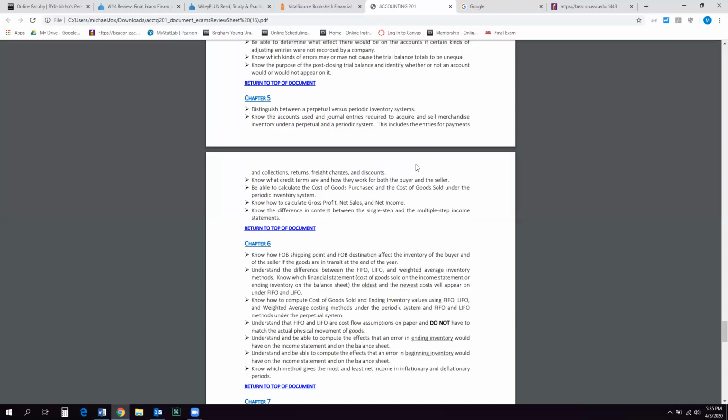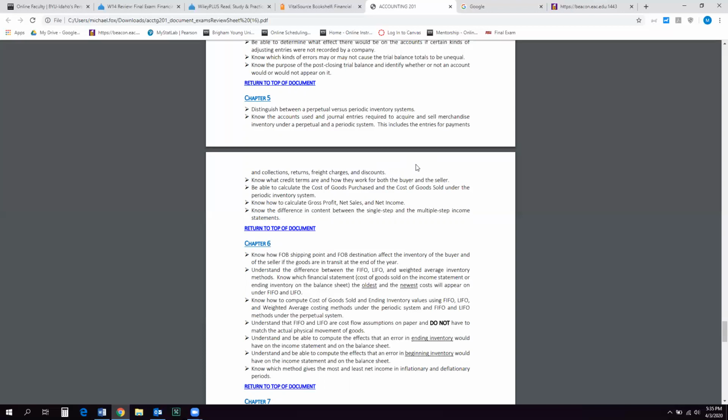So by perpetual, they just mean it's constantly being updated each time we make a transaction, as opposed to a periodic inventory system where we just sort of write down when we make purchases, and then at the end of a period of time, we count up the amount of inventory we have, and we use that change, right, what we had before plus any purchases, minus what we have at the end to calculate our cost of goods sold. So that's the difference between the two systems.